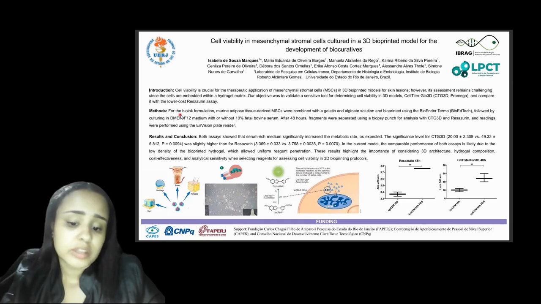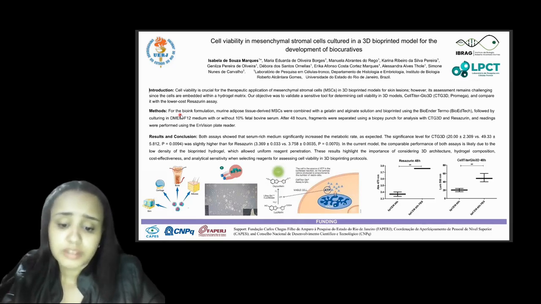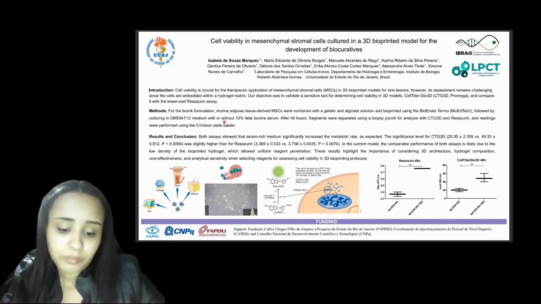After 48 hours, the fragments were separated using a biopsy punch for analysis with CellTiter-Glo 3D and resazurin, and readings were taken using the EnVision plate reader.